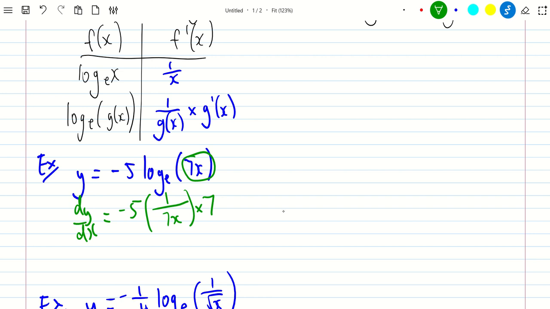That's everything I need to do. I just need to clean it up a little bit, and that should be really easy. You'll see that 7 will cancel out with that 7, which is really nice, and you're just left with negative 5 over x. In fact, this always happens with log e kx.